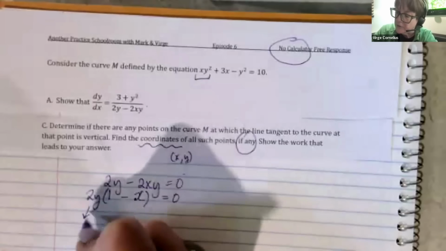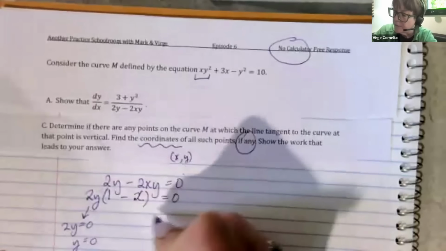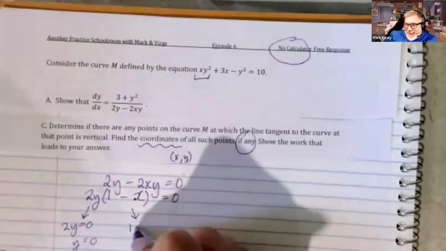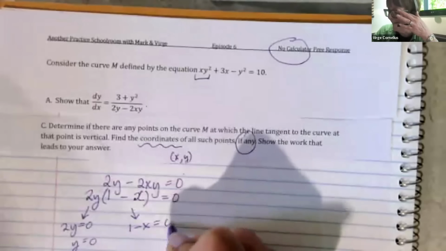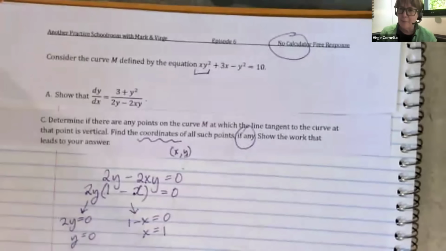Set each of these factors equal to 0, so 2y equals 0, y equals 0, and x equals 1. So this is not the point (1, 0).